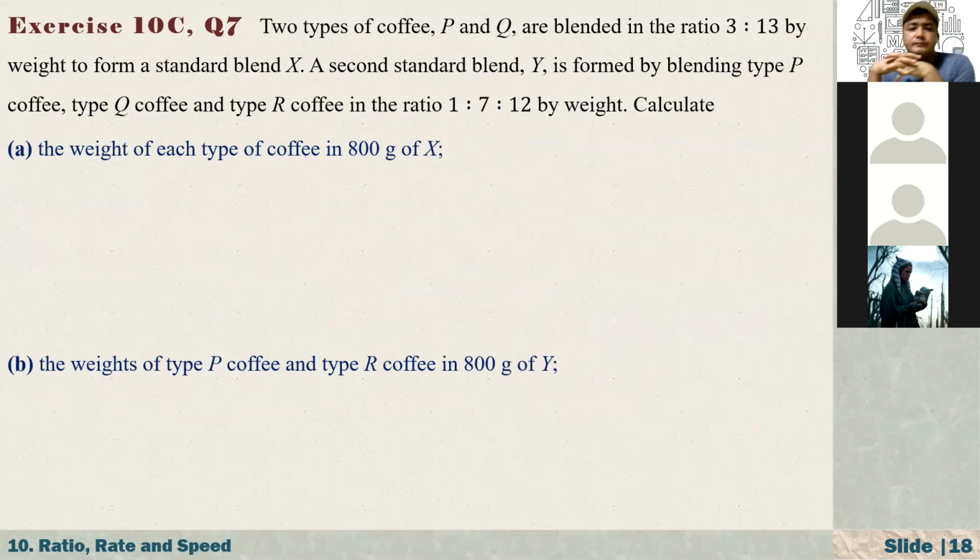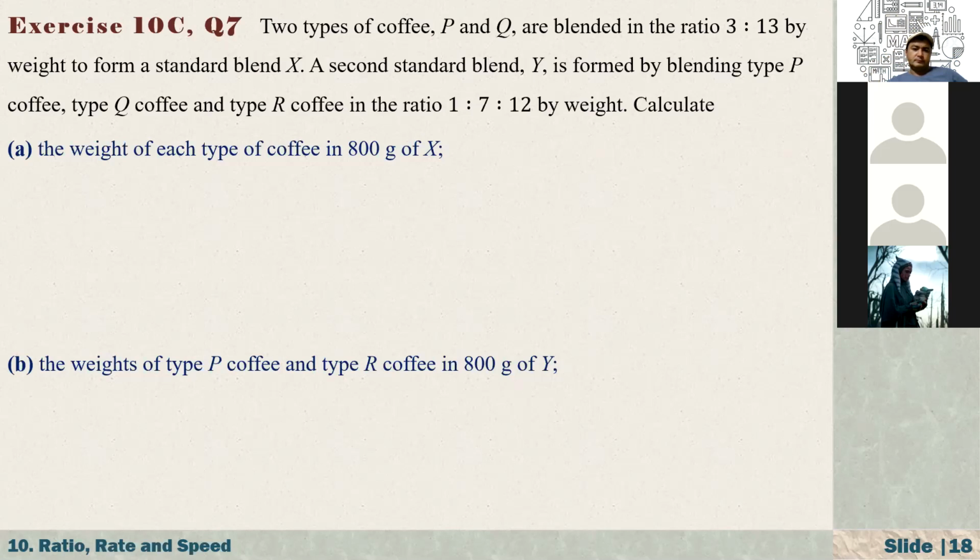Two types of coffee, P and Q, are blended in the ratio 3 to 13 by weight to form a standard blend X. A second standard blend Y is found by blending type P coffee, type Q coffee, and type R coffee in the ratio 1 to 7 to 12 by weight.